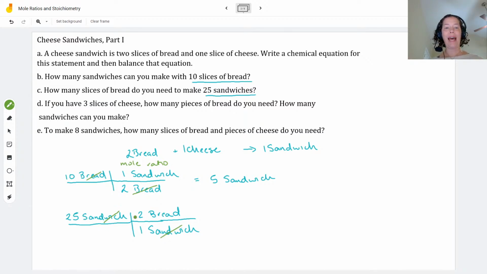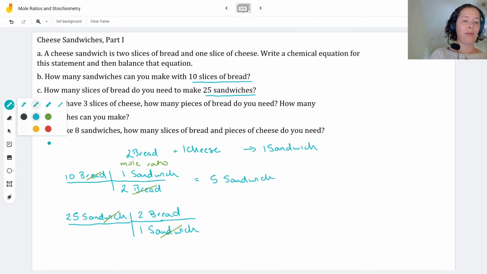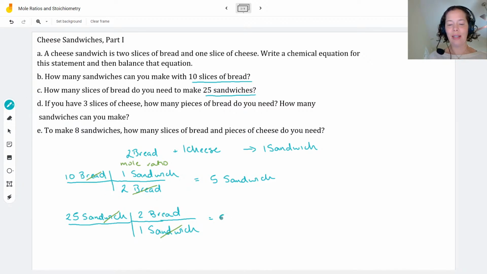So this is the math that you already did in your head. So you already knew it was going to be 50 before we started, but this is how it works out using the mole ratio. Okay, so let's put our answer down here. So this is 50 bread.